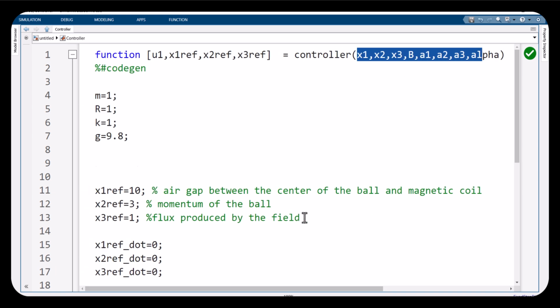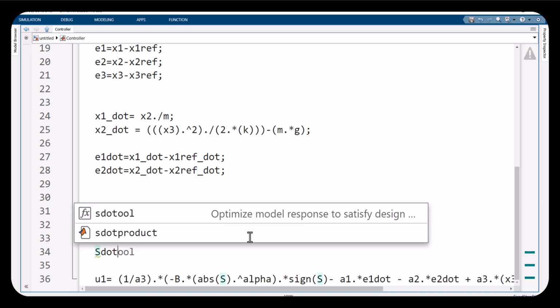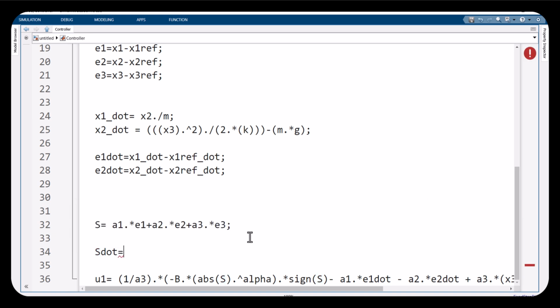When we defined the reaching law, we took the derivative of s and equated s dot to minus beta times the absolute value of the sliding surface, multiplied by the signum of s. Sorry, in the previous part I believe I wrote a small s. It should be the capital S, because this is our sliding surface.